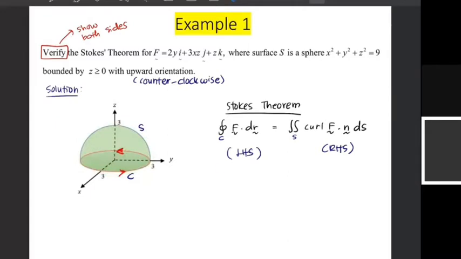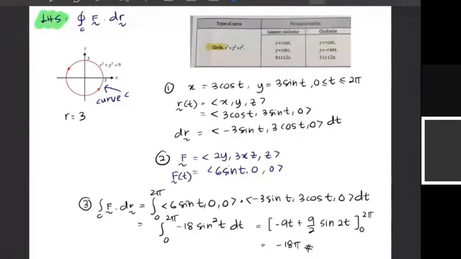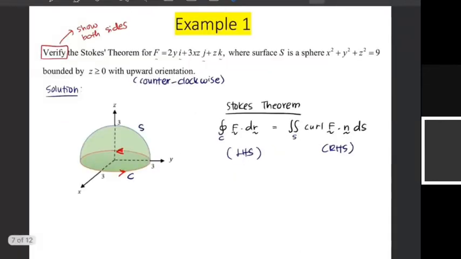So to answer this question, first you must calculate the line integral, the left hand side. Remember, for the line integral, we change everything to t. First find r. R is x, y, z. Since this is a circle, our curve now is a circle. You get your figure, your surface.